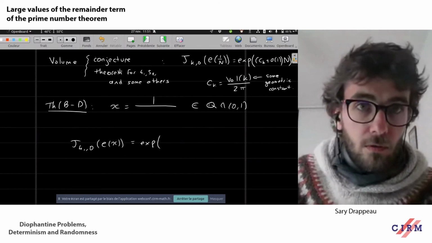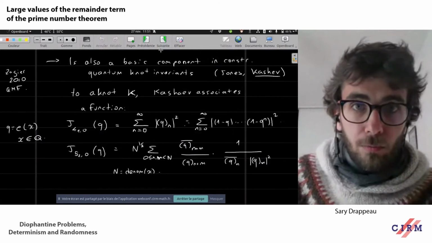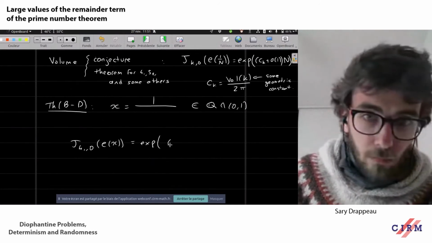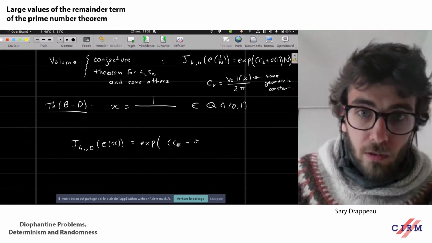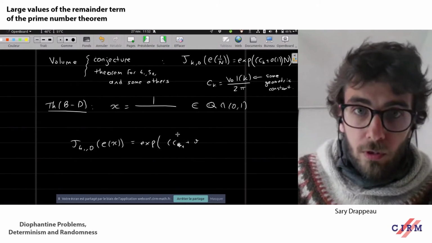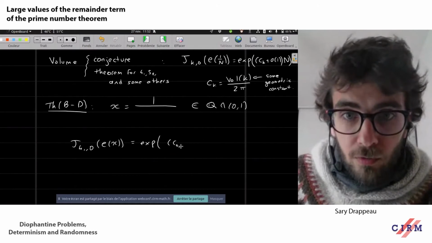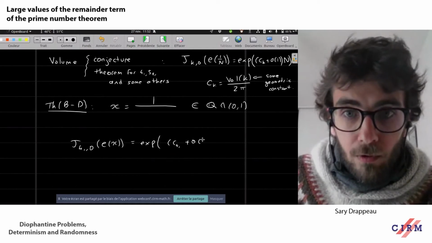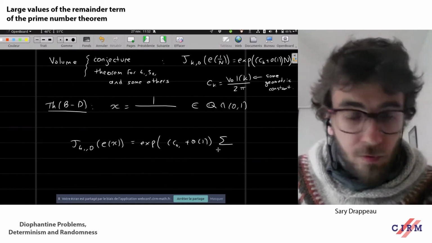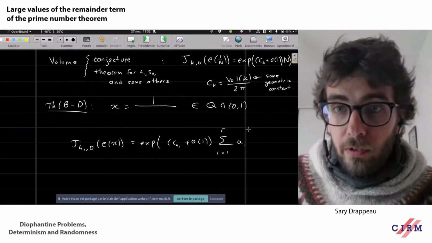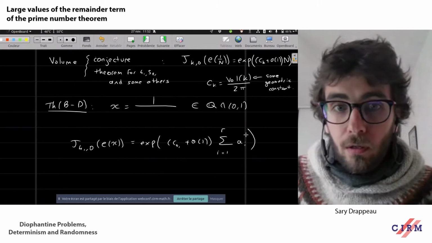So this simple looking function from before, when you evaluate it at other rationals, will take the following form. Of course, there is a specific constant here, plus little o of 1, times a quantity which will depend very simply on x.